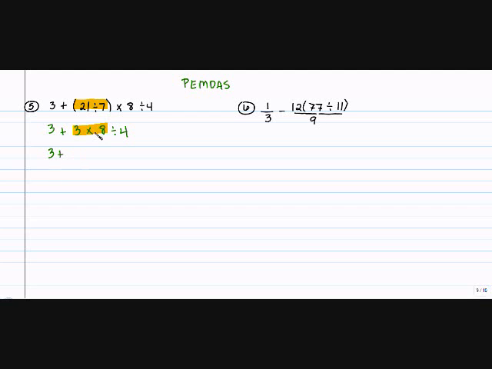So 3 plus 3 times 8 is 24 divided by 4. Now I have my division and rewriting my problem. 3 plus 24 divided by 4 is 6, and 3 plus 6 is 9.